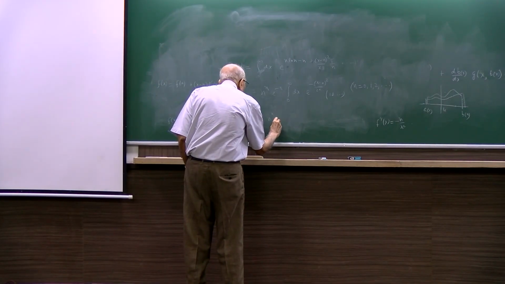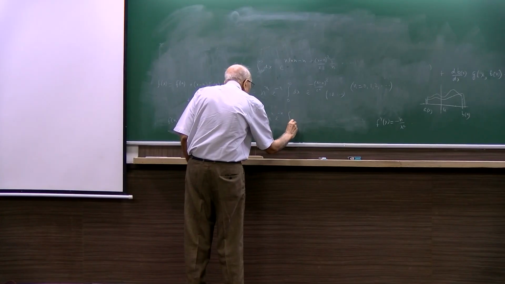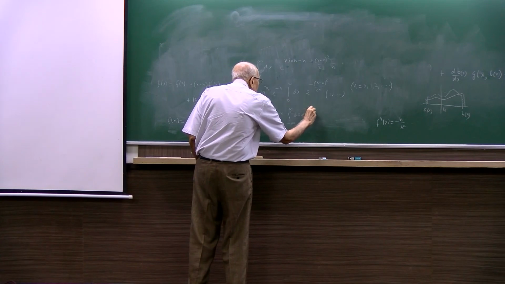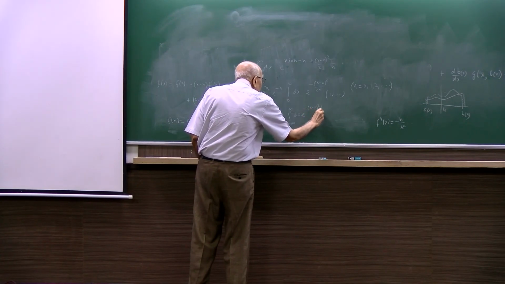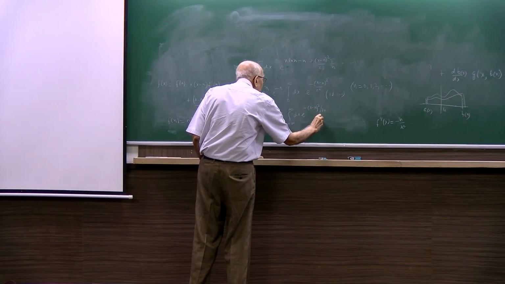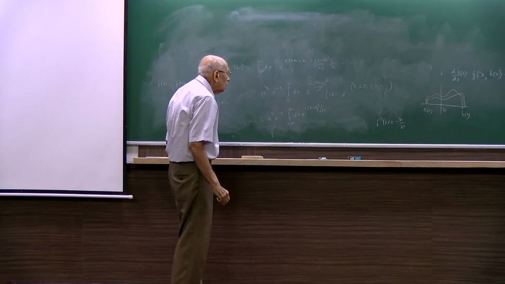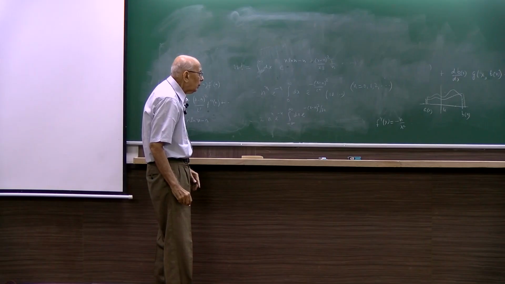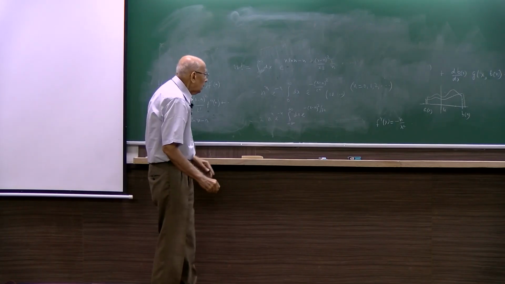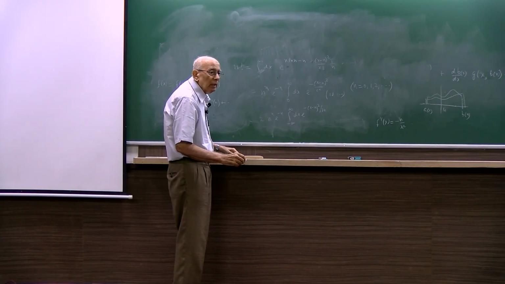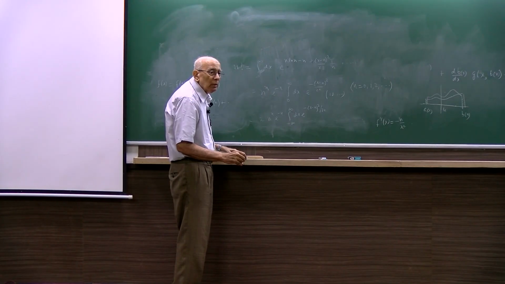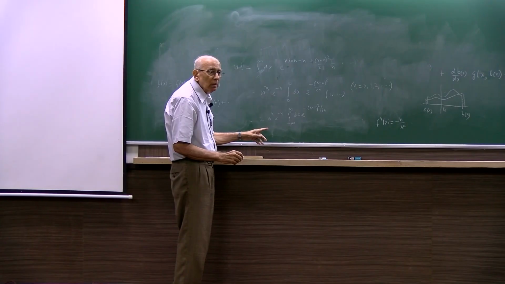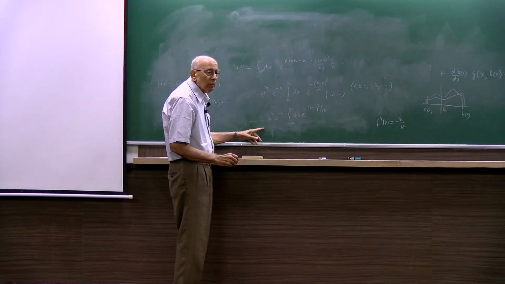N to the n, e to the minus n, integral minus infinity to infinity, plus corrections to it. So I've extended the integral from minus infinity to infinity by adding stuff to it, but I should show that that's exponentially damped compared to what's retained on the board. That's where the corrections come from.